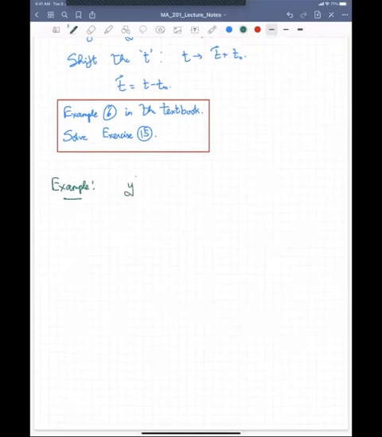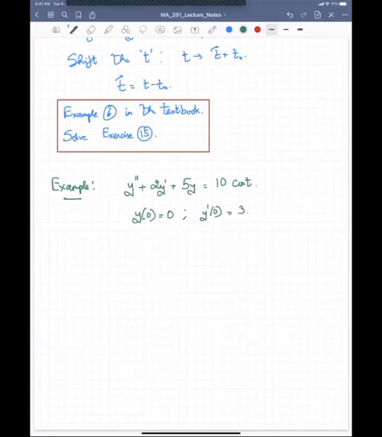So the question is y double prime plus 2y prime plus 5y is 10 cosine t. Now I'm also telling you that at t equal to 0, y is 0, and at t equal to 0, y prime is 3. So how will you go ahead and solve this?